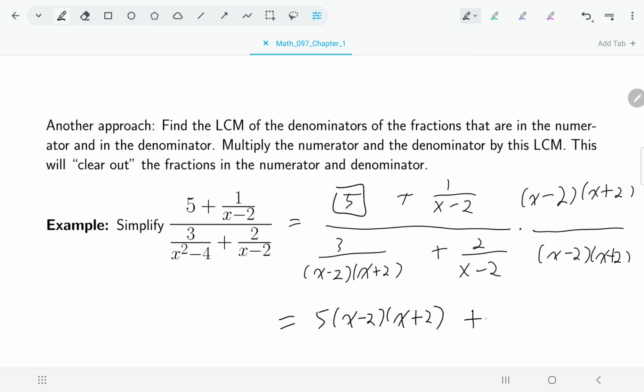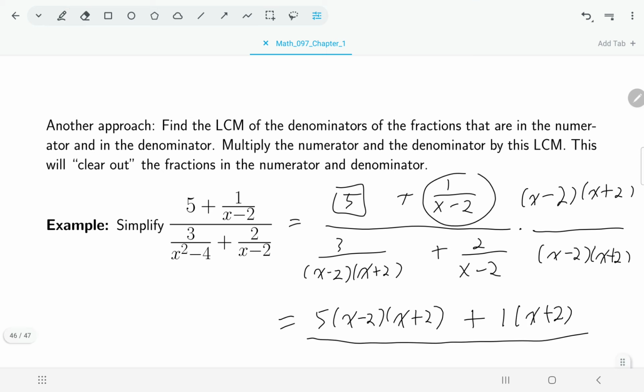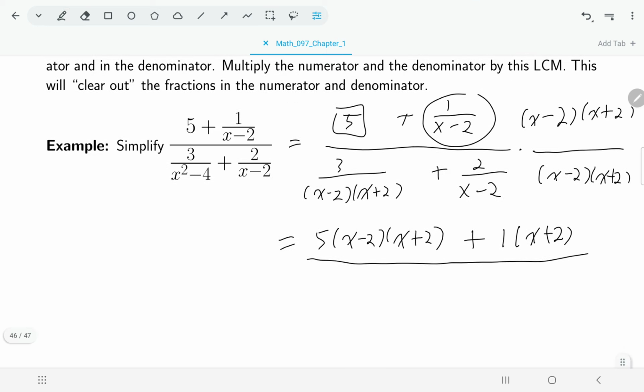For the second term, if we were to take this fraction and multiply it by x minus 2, x plus 2, the x minus 2's would cancel, leaving just the x plus 2 left behind. So that means in our numerator now, we no longer have any fractions. And we'll have the same thing happen when we multiply our denominator by x minus 2, x plus 2.